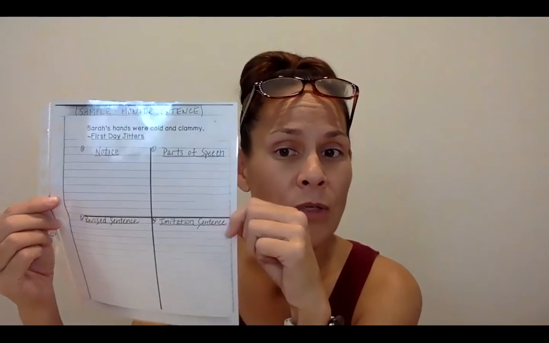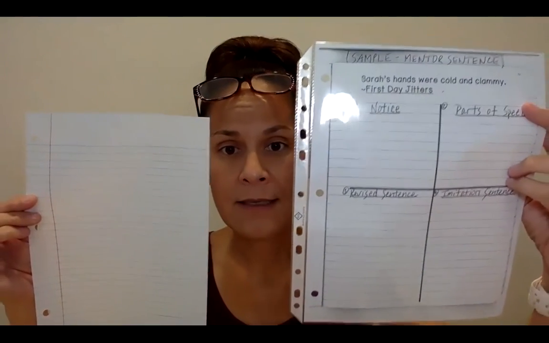So what you need to do at this point before we go any further is take out a blank sheet of binder paper in your writing section, just a blank piece of paper, and you are going to duplicate what you see here. This needs to go on this piece of paper, okay?